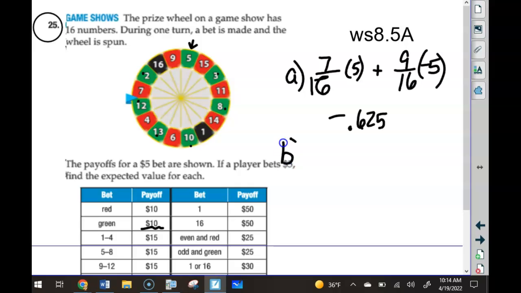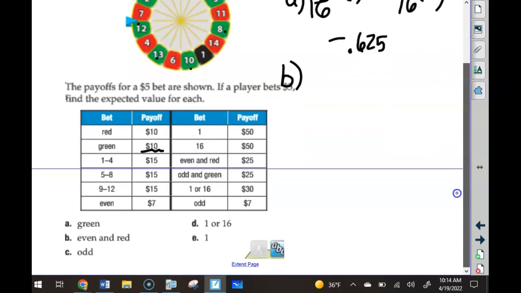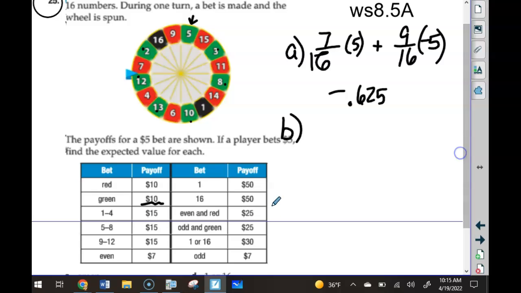Okay. What does choice B say? Even and red, okay? The payoff is much better, but we don't clear $25. We only clear how much? $20. And even and red are only 3 out of the 16.